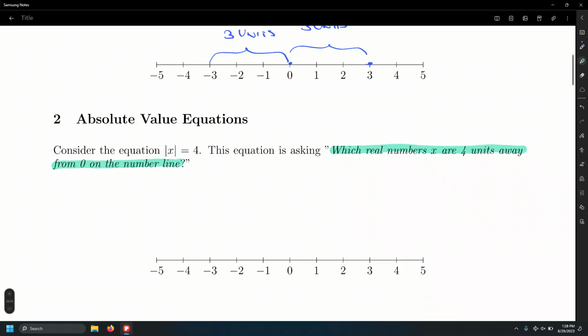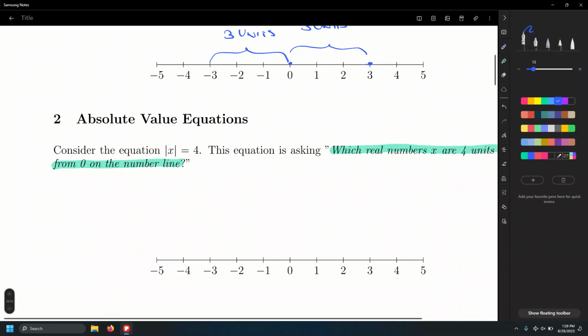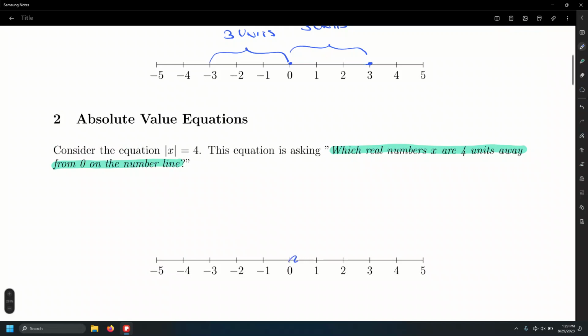And what are those two numbers? Negative 4 and positive 4. All the numbers that are 4 units away from 0, which is our reference.